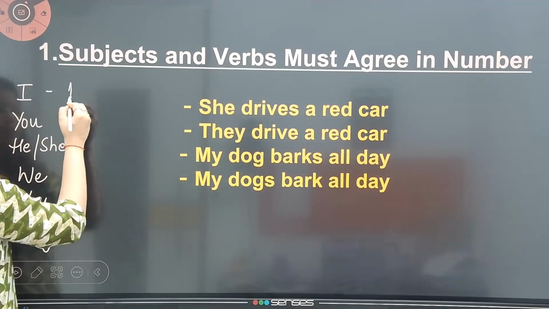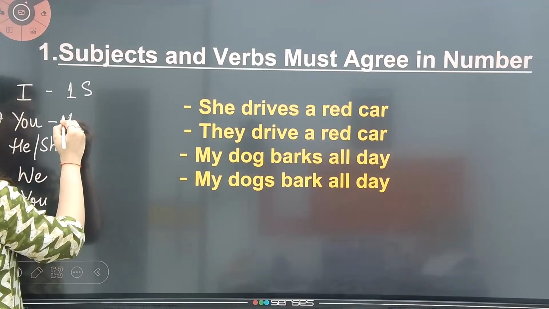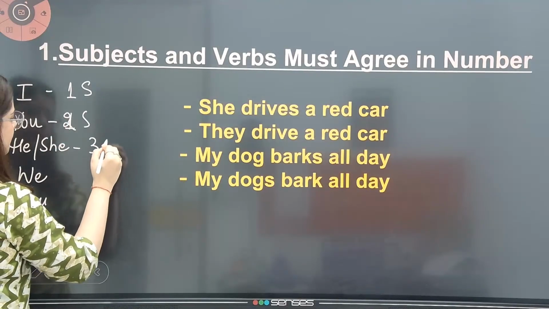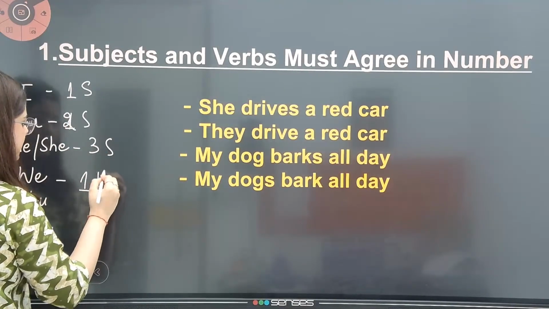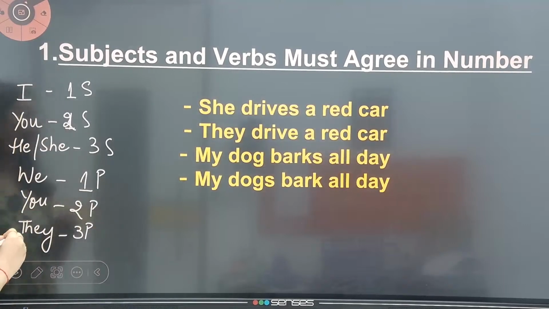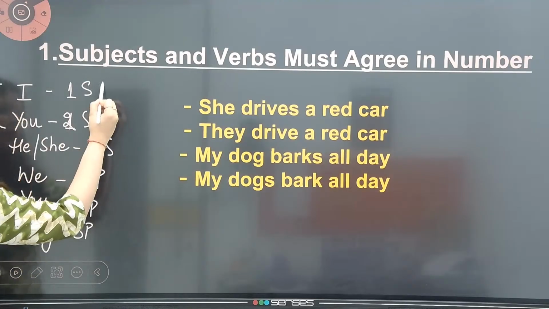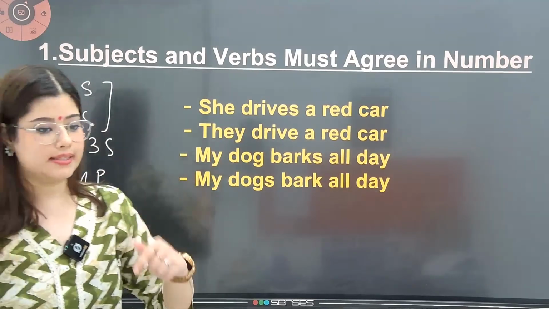This is first person singular, second person singular, third person singular, first person plural, second person plural, and third person plural. Right? So we are going to talk about this in the next slide.